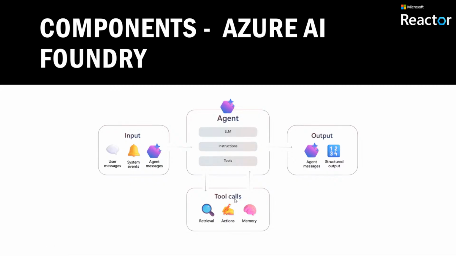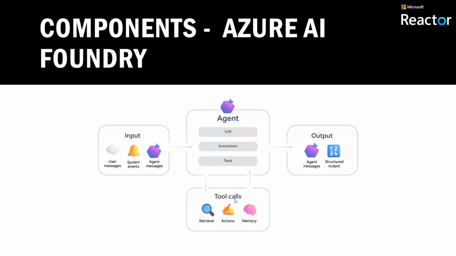Like in the previous one that we saw, you can have memory that helps with the retrieval of information, or actions added as part of data retrieval, or you can add something like RAG or different grounding techniques as part of the tools, and that gives you back the result.